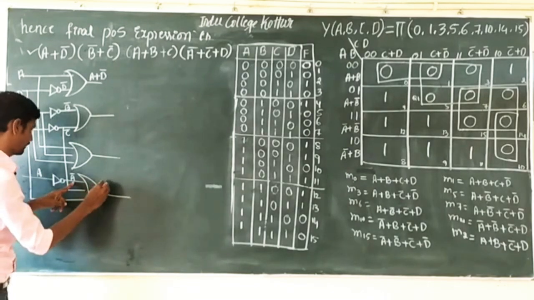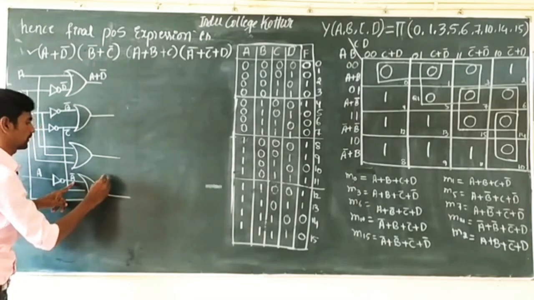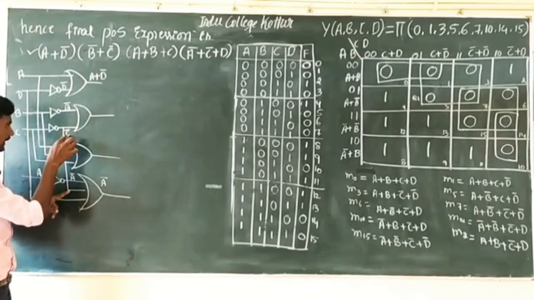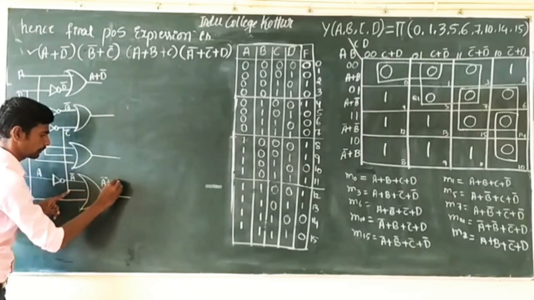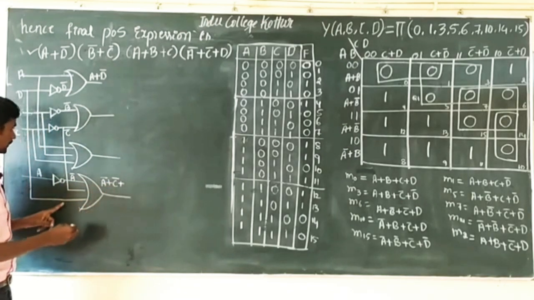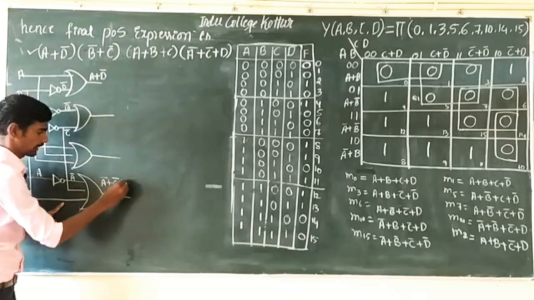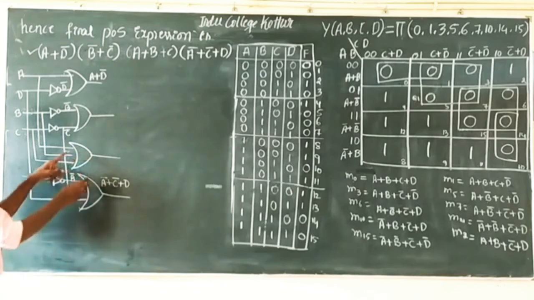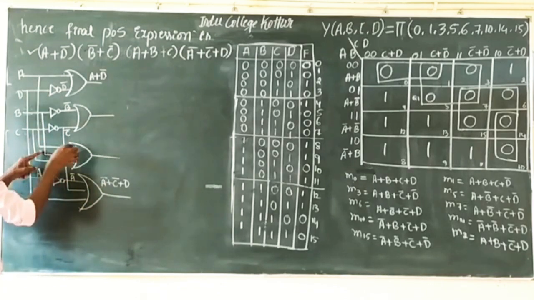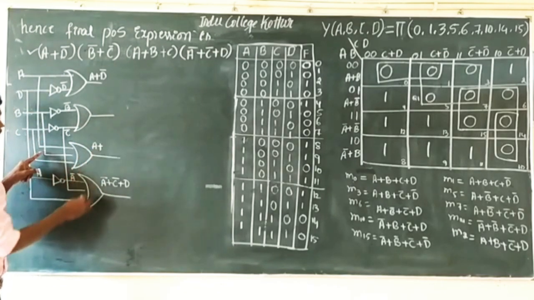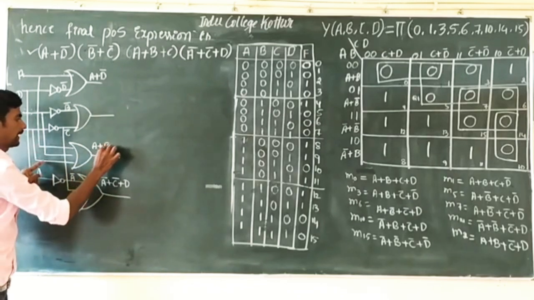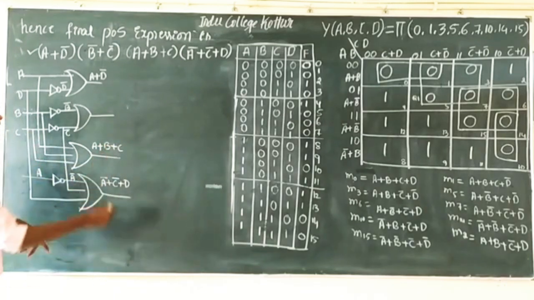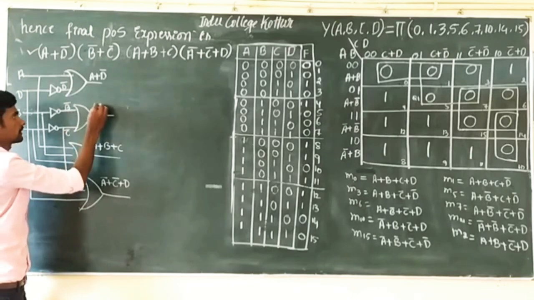A complement plus C complement, second input C complement, plus third input D, we can write D. Next output A first input, next B, next C. Here B complement plus C complement.